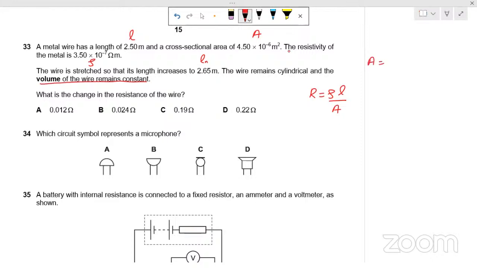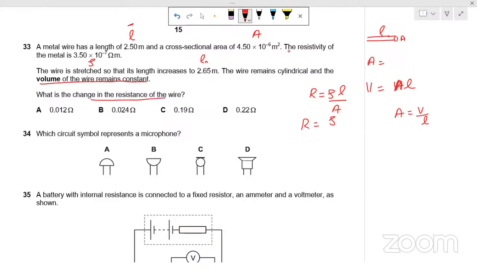So volume of the wire is cross-sectional area of the wire times length. So the area is volume divided by L. Resistance will be rho. We have to find the change in resistance.